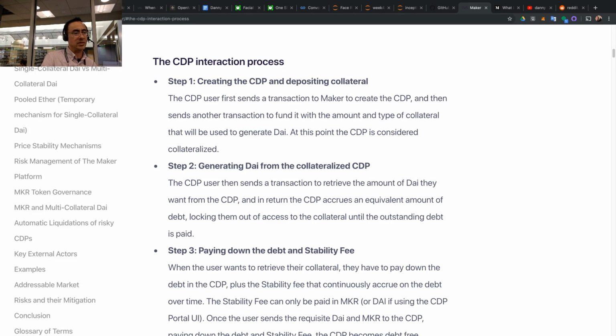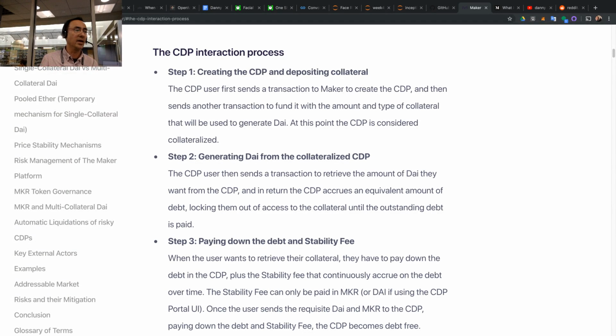Basically you send a transaction to Maker, hey, I want to create a CDP, and then you send another transaction to fund it. So here is my collateral, 100 ETH. I send it to the CDP, to the smart contract, along with the type of the collateral, which is ETH, and then you get the DAI.